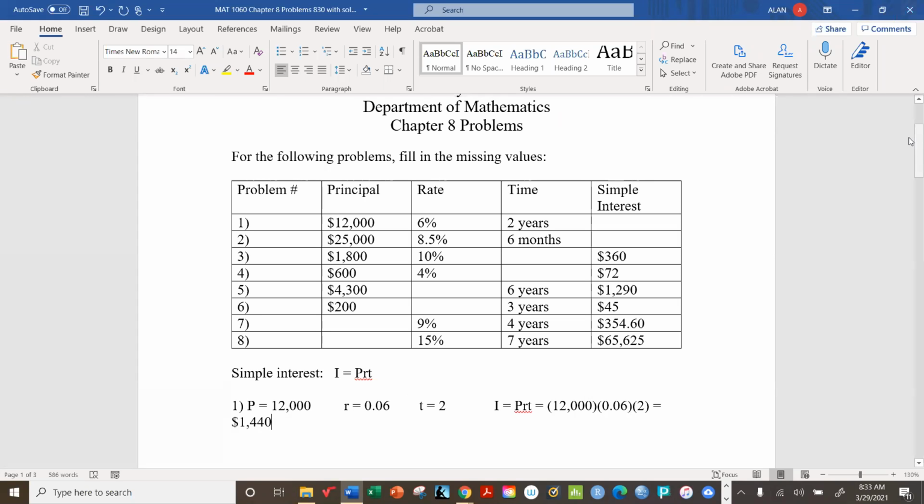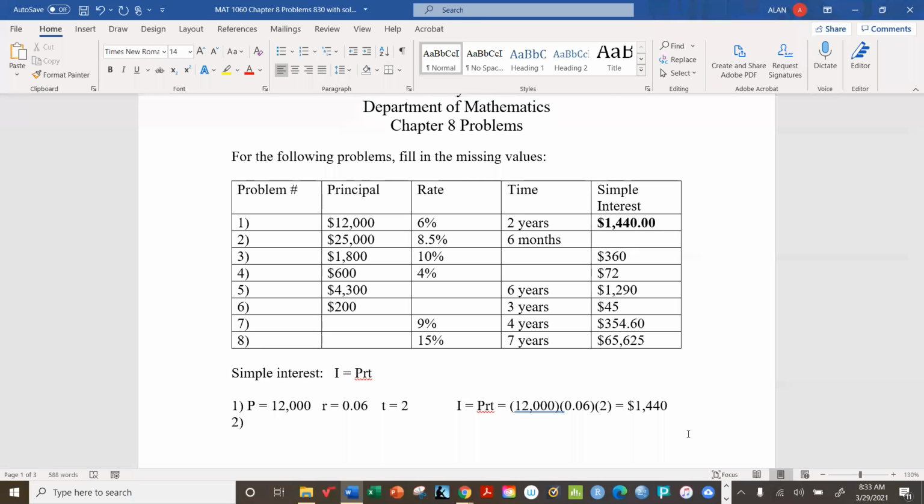Okay, so I'll put that right here, $1,440. All right, so you've got this one first. So these, as you can see, they're all pretty straightforward.